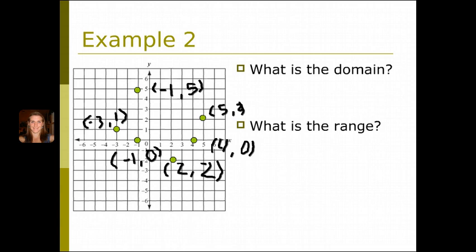Our domain is our x values. We need to remember to put them in order from least to greatest and not repeating. Our domain would be -3, -1, 2, 4, and 5.